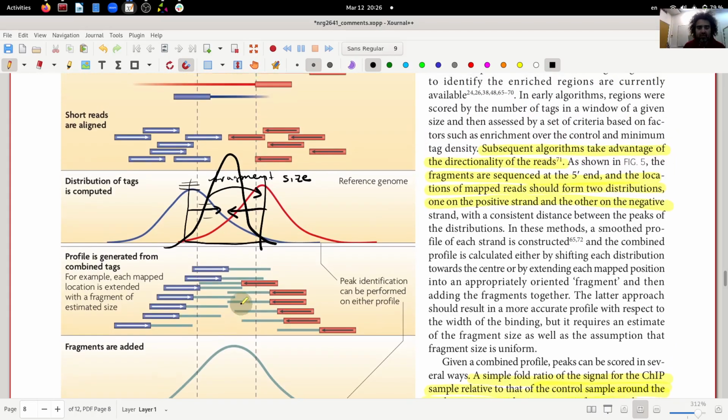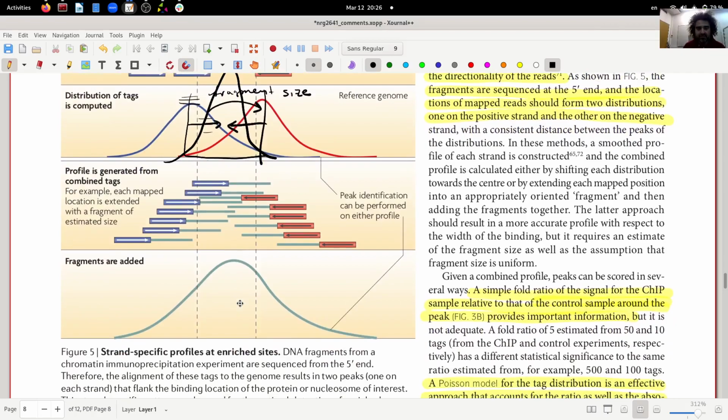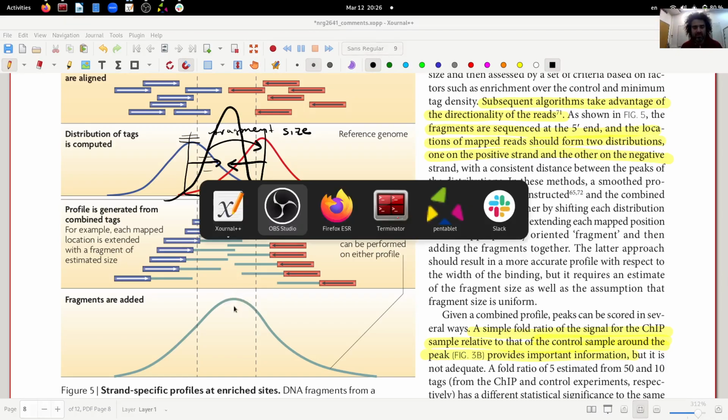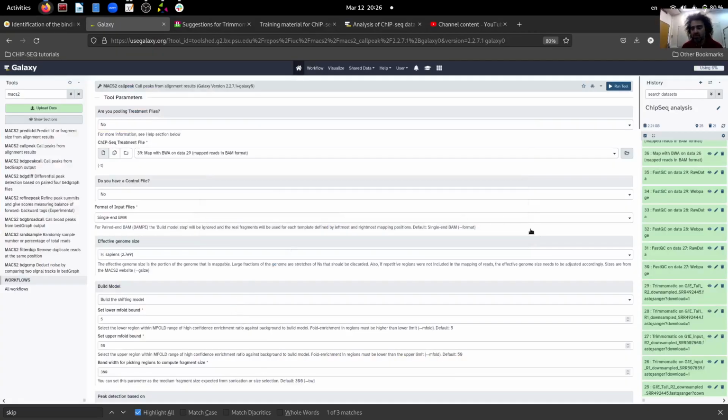The other thing that we should pay attention to is the following. We don't really care what's happening in each individual. So remember that in our experiment, we have two immunoprecipitated samples and two controls. So two different individuals that we have measured the immunoprecipitation.